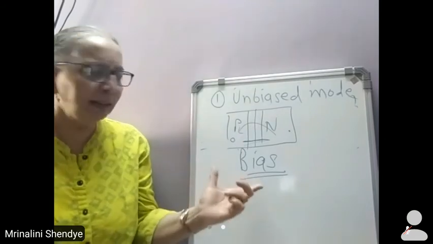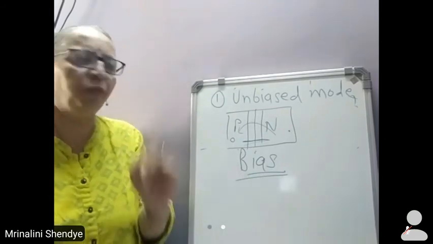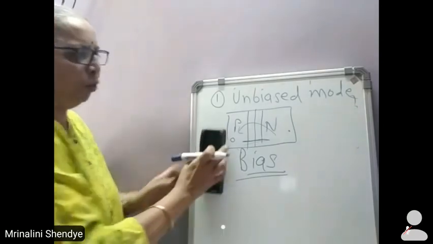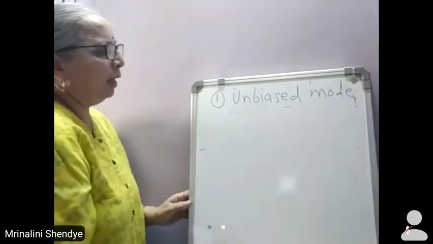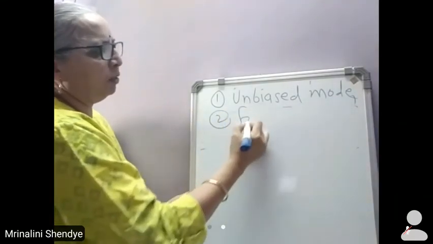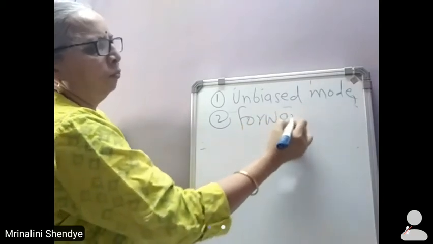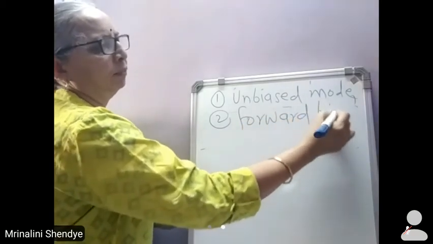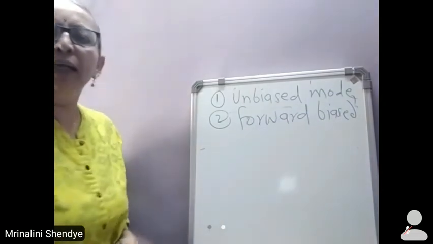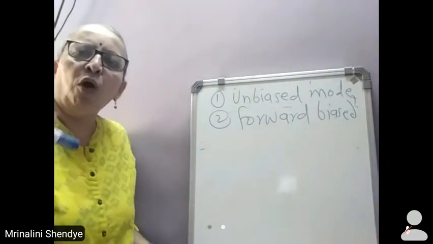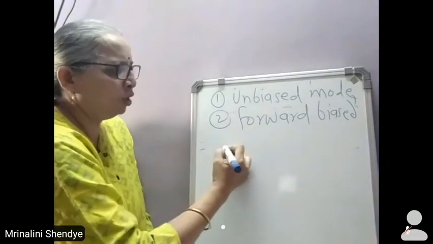The biasing is of two types. One is called forward bias mode and the other is called reverse bias mode. What is happening in forward bias mode?